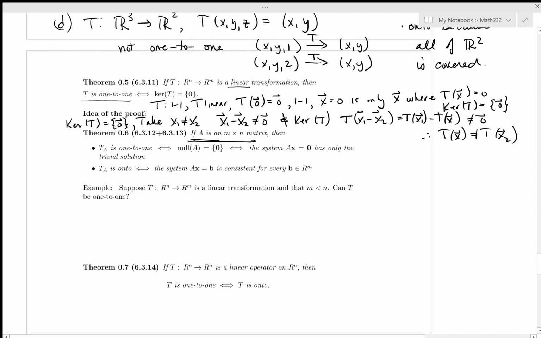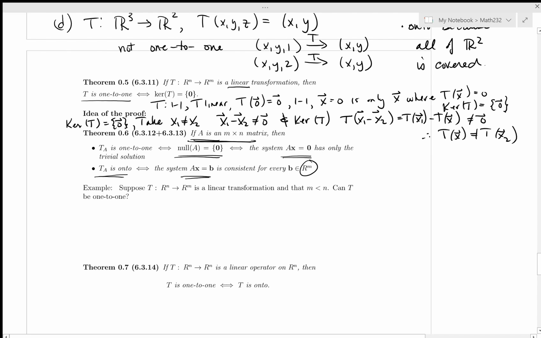Saying that the transformation is 1 to 1 is the same as saying that the null space of A is the 0 vector, and that is the same as saying that the linear system AX equals 0 has only the trivial solution. And then saying that our transformation defined by A is onto is the same as saying that the system AX equals B is consistent for every B in the codomain.